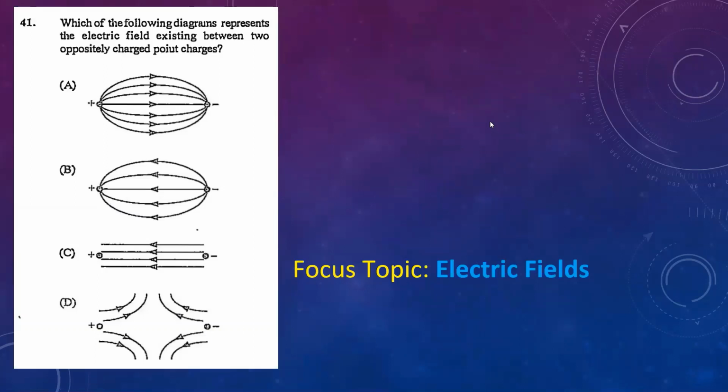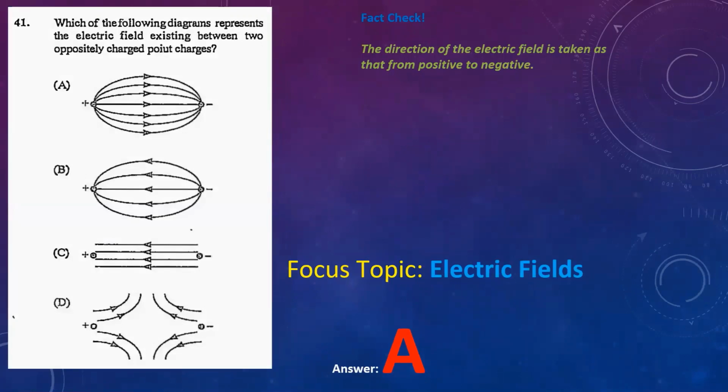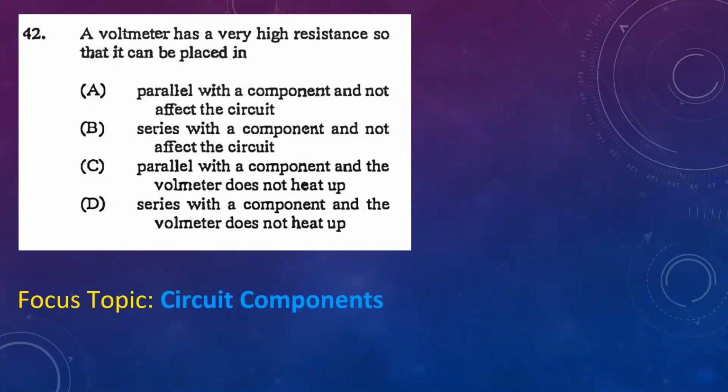Which of the following diagrams represents the electric field existing between two oppositely charged point charges? Now, in electric fields, we draw the field lines always going outwards from the positive and towards the negative. So that would give us option A. Now, a voltmeter has a very high resistance, and then it asks us why that is.